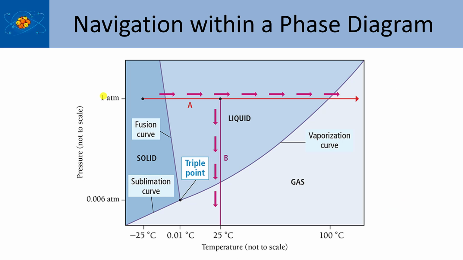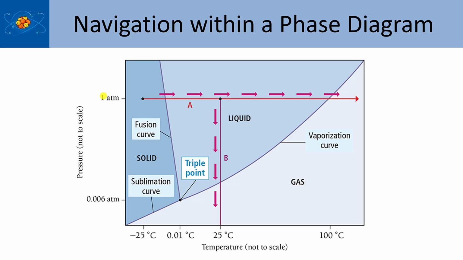So you need to be able to navigate within a phase diagram and understand in a conceptual sense what transitions you'll see as you make certain changes. For example, if you start at minus 25 degrees Celsius with H2O and you go to 125 degrees Celsius at a pressure of 1 atmosphere, what do you expect to see?